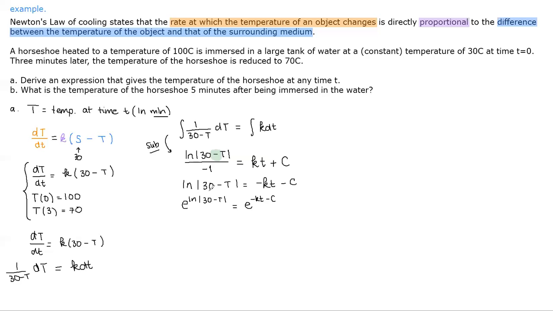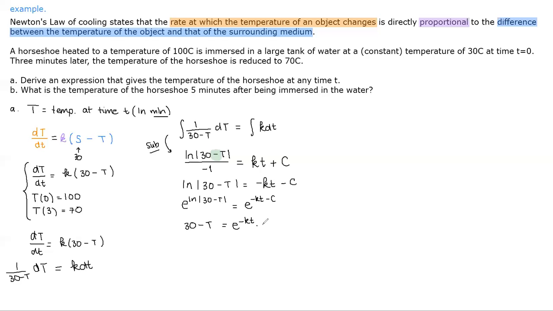On the left-hand side, this is fairly easy. I'll get 30 minus T because I have e to the power of ln of something. Because they're inverse functions, these two cancel each other out. And so I get that 30 minus T is equal to e to the minus k times t minus c.